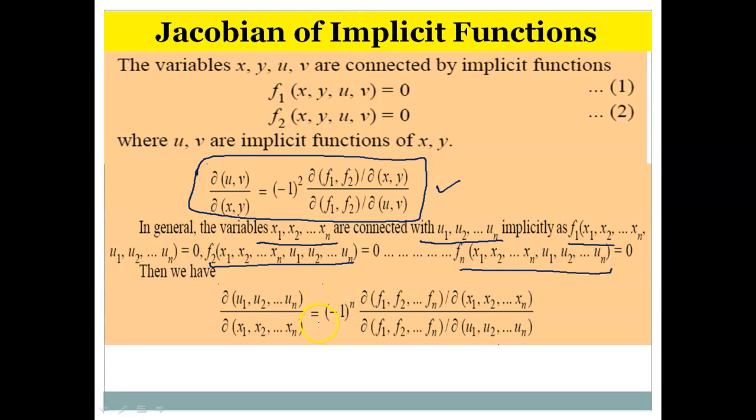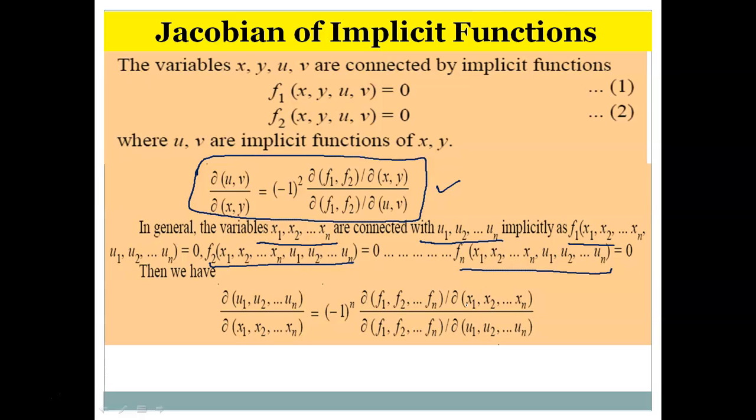So keep in mind the power of minus 1 will be raised as much as the number of variables in the implicit function, because here the transformation is from n variables to n variables. Here it was from two variables to two variables, so the power of minus 1 was 2. So this is the general formula from where we can find the Jacobian of implicit functions.